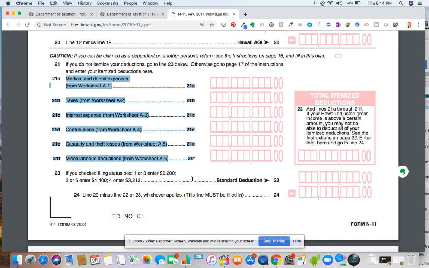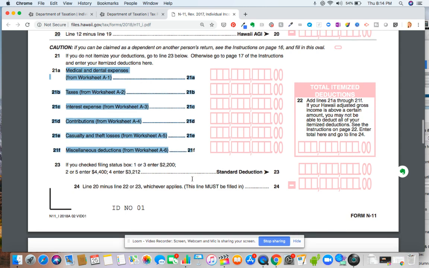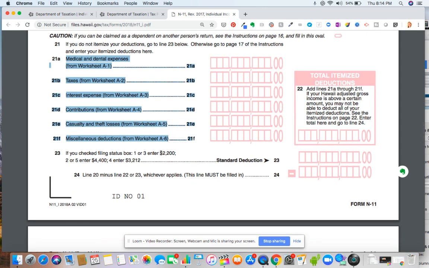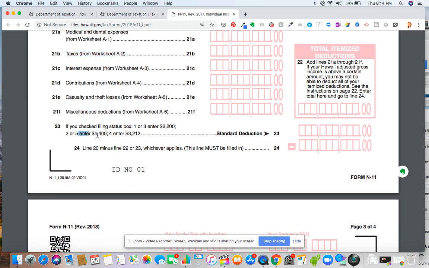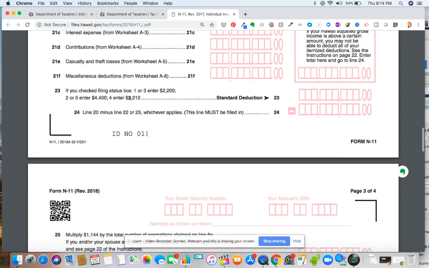So it's very common for people to not qualify to itemize for Fed, but they will qualify to itemize for Hawaii, because you can see, check out the standard deduction for a single person, $2,200 versus $12,000. So it's going to be much easier for someone to qualify to itemize, especially under the taxes section. And then married is $4,400, head of household is this $3,000 number.